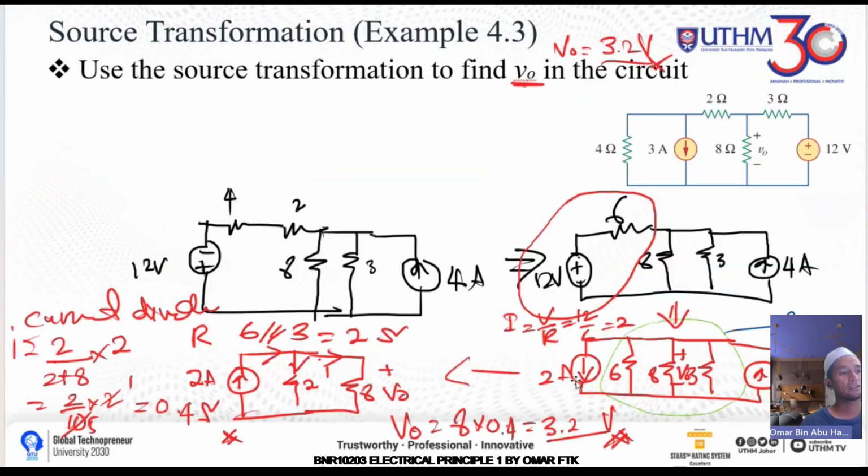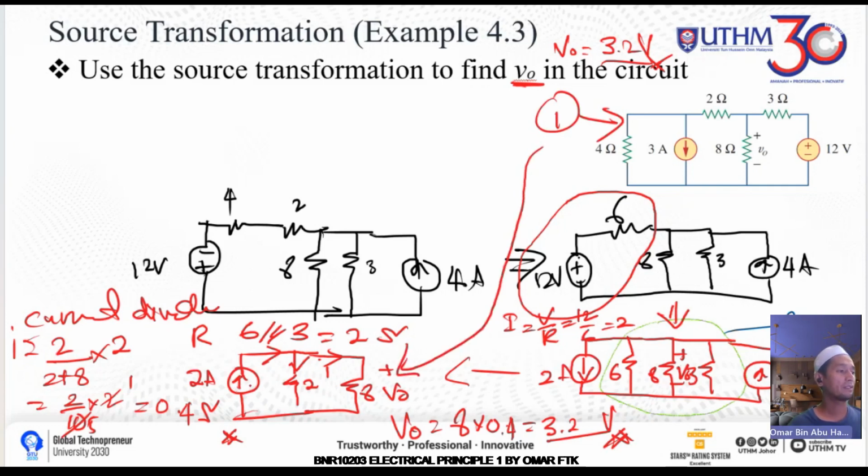Then after that we combine both current sources that we got to simplify the circuit. So this is one of the methods how we simplify our circuit, from this into this one, the simple one.